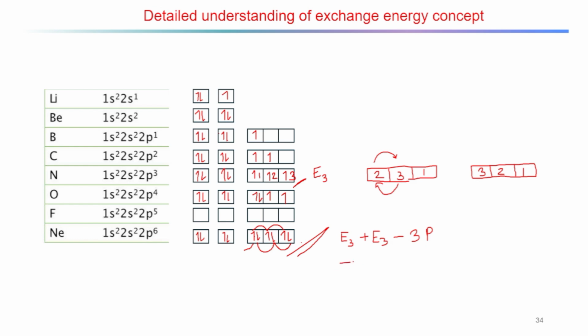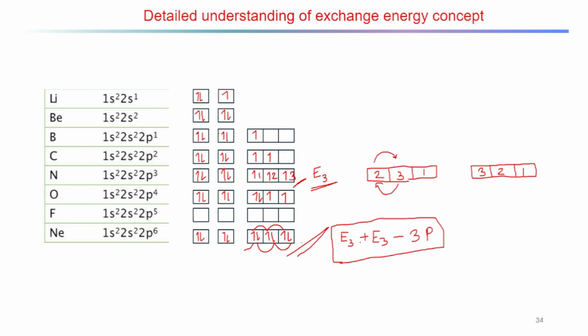So now this is the stabilizing energy that is working for this full filled configuration. In the half filled configuration, it was only E3. There were no pairs, we were not breaking any pair, right? But in case of full filled, we have paired electrons, and to exchange the electrons into the same spin electrons, we have to give some pairing energy to break those pairs.